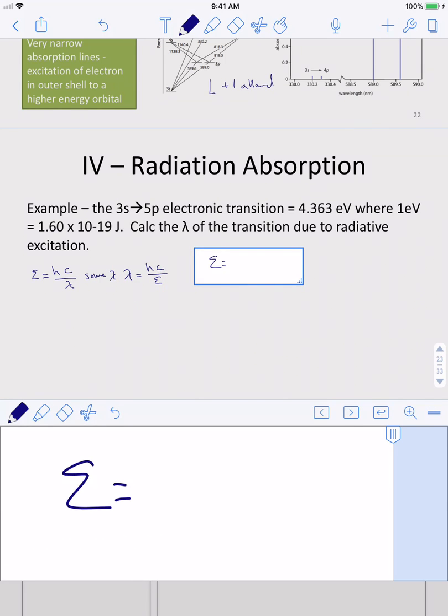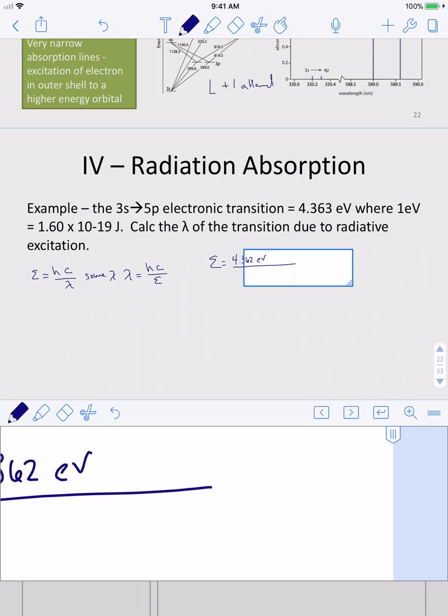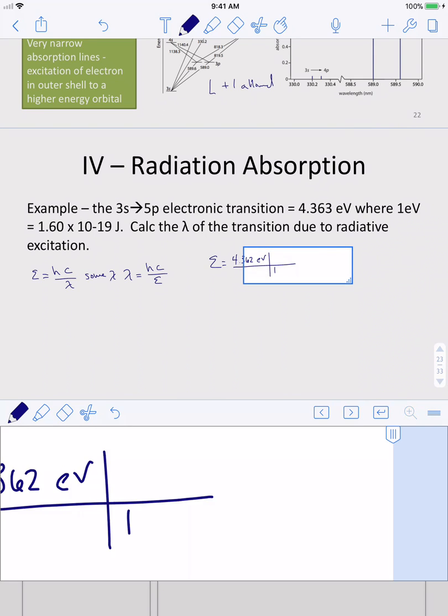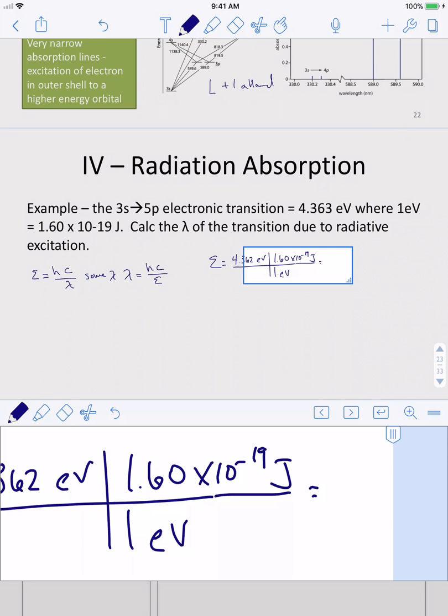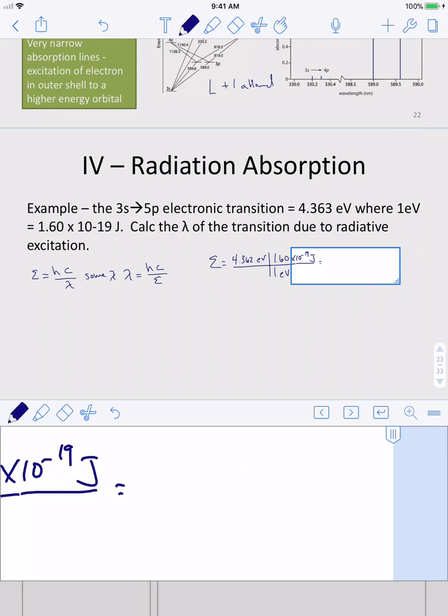So we are given energy of 4.362 electron volts, and we're also told that the conversion is 1 eV is equal to 1.60 times 10 to the negative 19 joules. And so we get an energy in joules of 6.979 times 10 to the negative 19 joules.